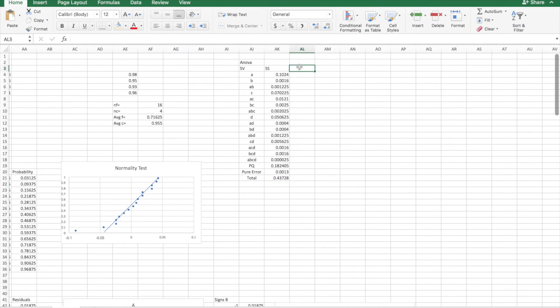And now the degrees of freedom are going to be the same in here all the way until here.